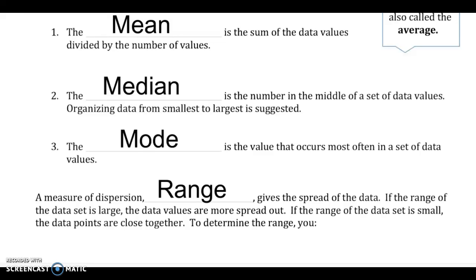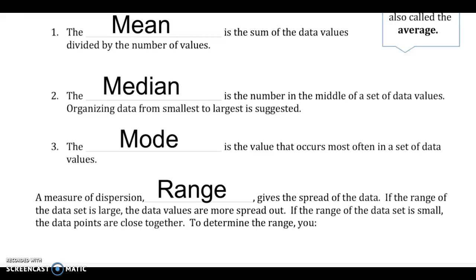Then we've got range. And range is the spread of your data, so it's going to be your maximum minus your minimum. So if you've got numbers that have a range of 3, they're pretty close together, whereas a data set that has a range of 100, the numbers are much further spread apart.